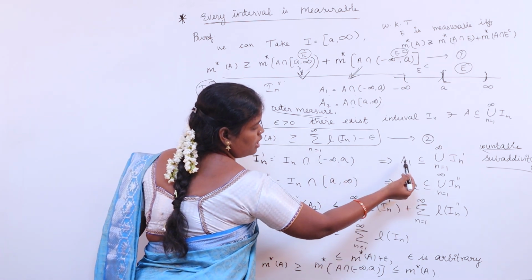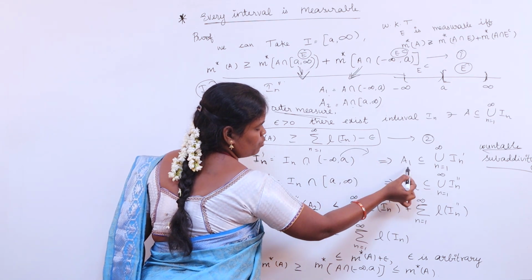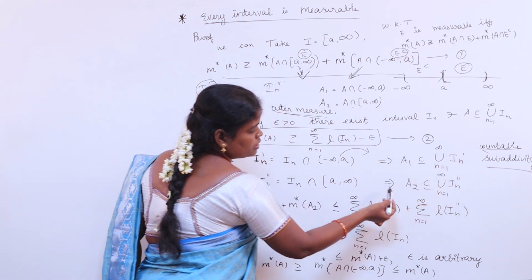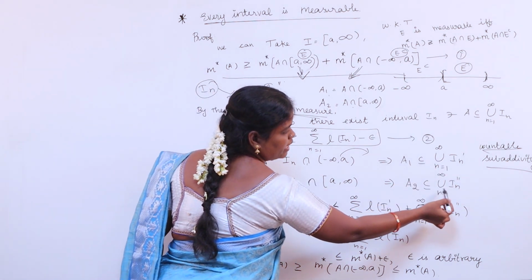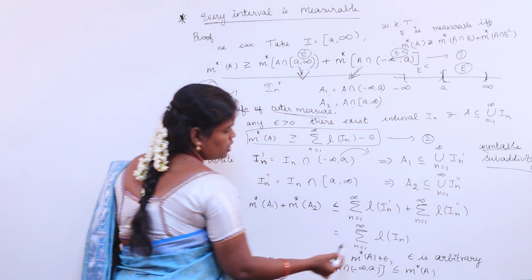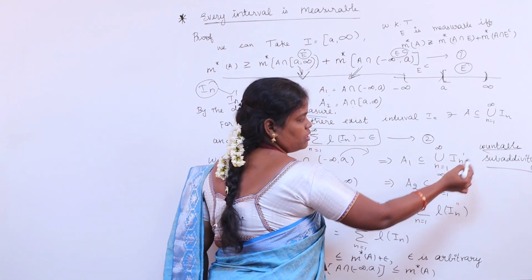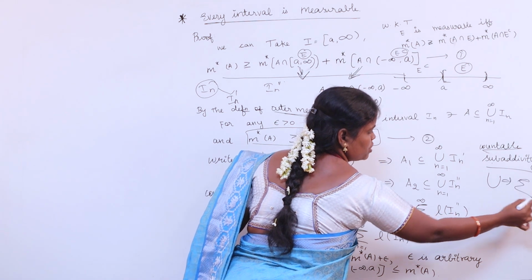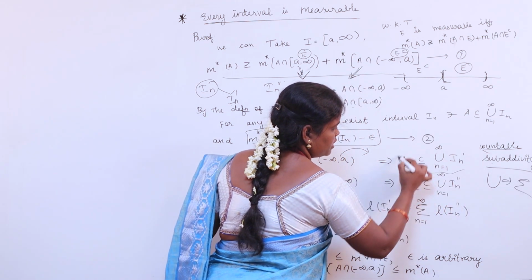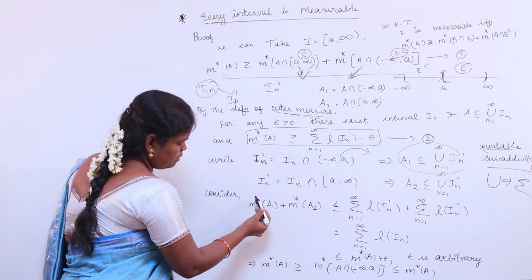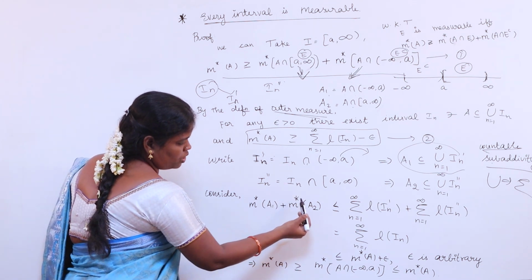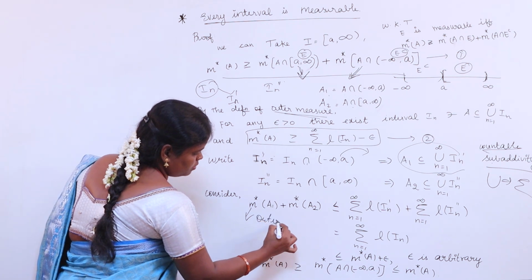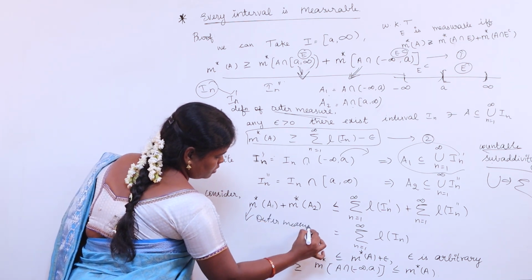So A1 is contained in the union n equal to 1 to infinity of In dash, and similarly A2 is contained in the union of In double dash. Already we know countable subadditivity, where the union is converted into a summation. So we get M star of A1 plus M star of A2, where M star is the outer measure.